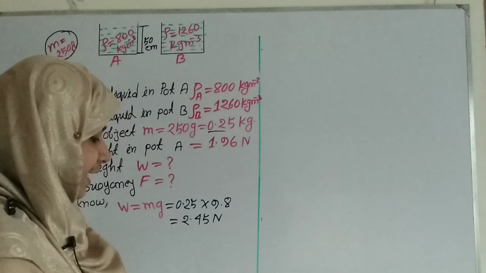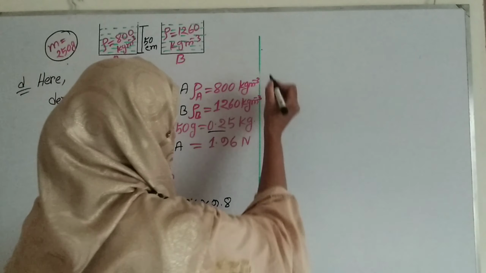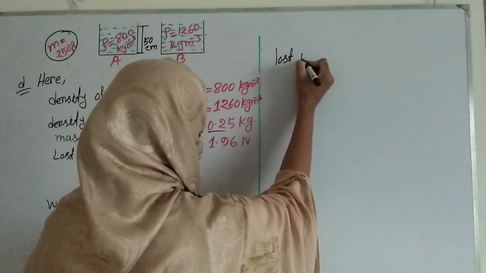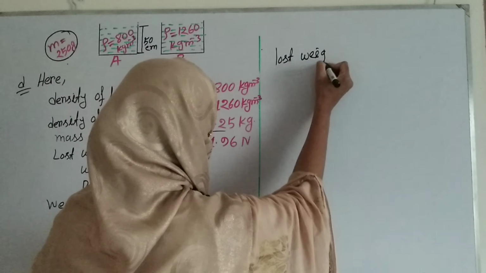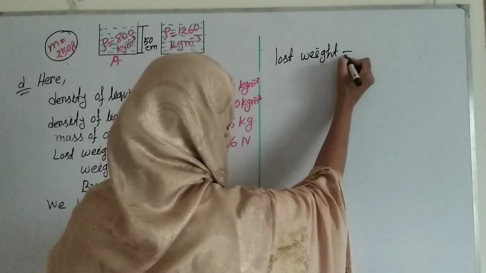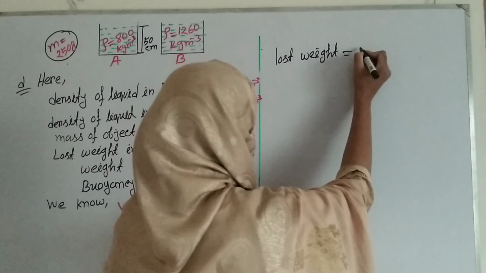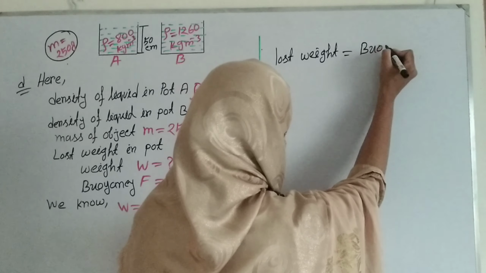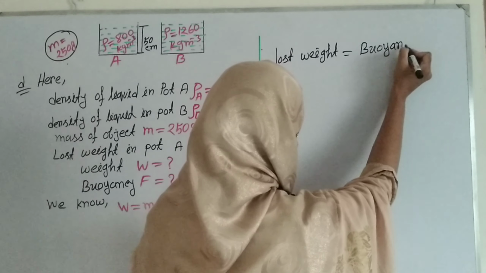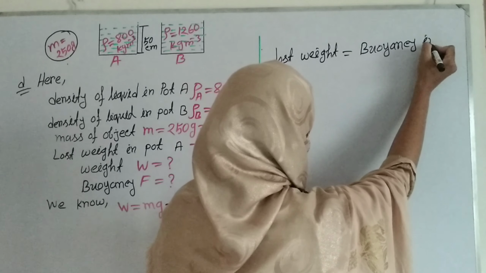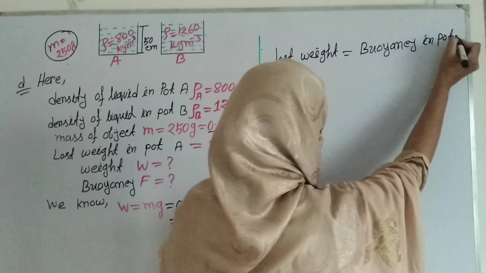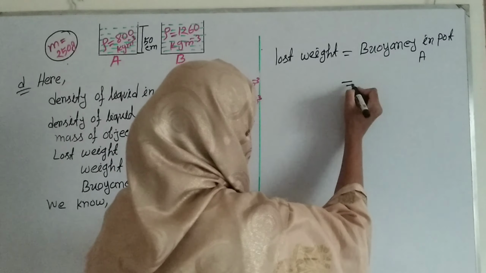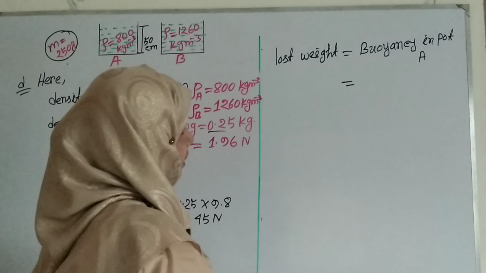So we can write that the lost weight equals the buoyancy in pot A.